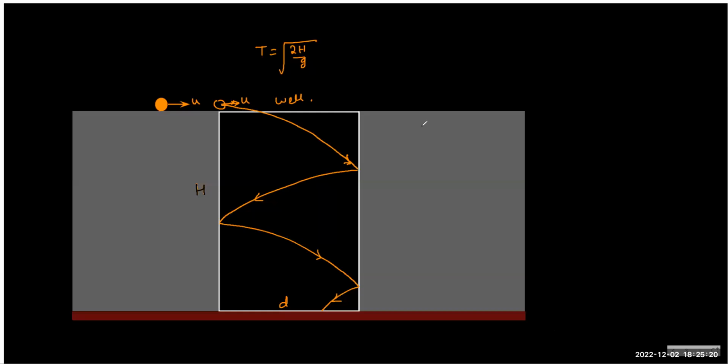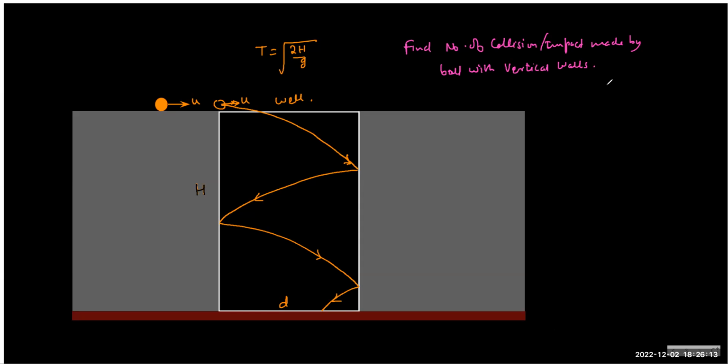They may ask you how many collisions it will make. How to find the number of collisions? So 3 collisions.